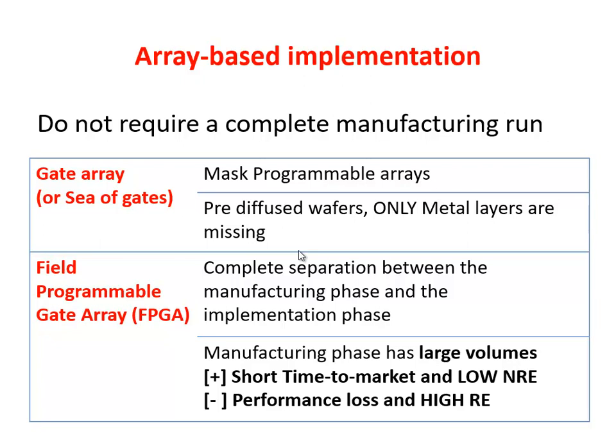You start with a wafer in which the single transistors are already fabricated. You only need to put the interconnection layers, the metal layers, on top. For this reason, you only have to design and fabricate the masks for the interconnection layers on top, and then do only that part of fabrication.